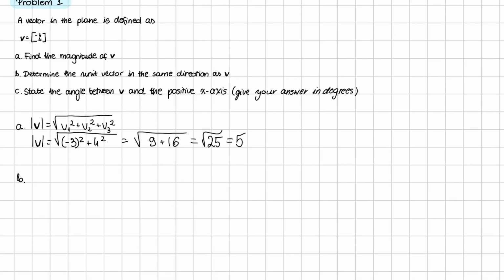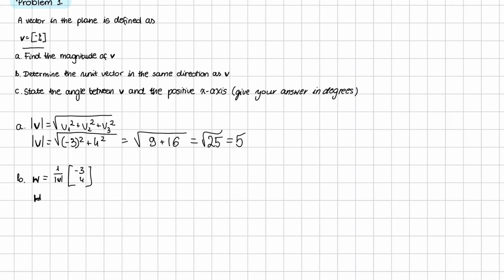B. Determine the unit vector in the same direction as v. Let's denote our new vector as w. To determine the unit vector in the same direction, we take 1 over our magnitude and multiply it with our vector v, so (-3, 4).